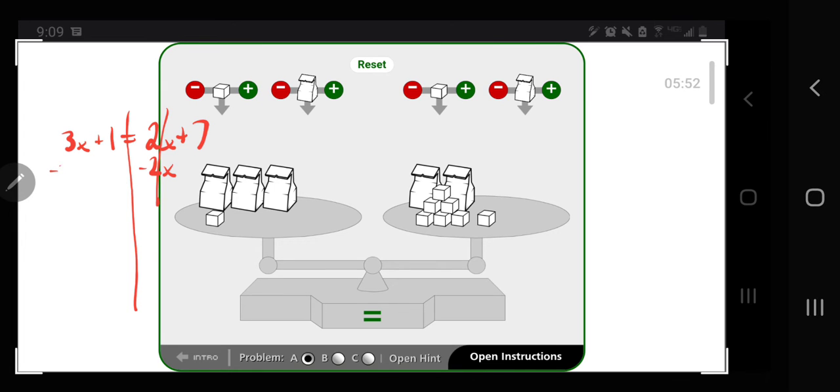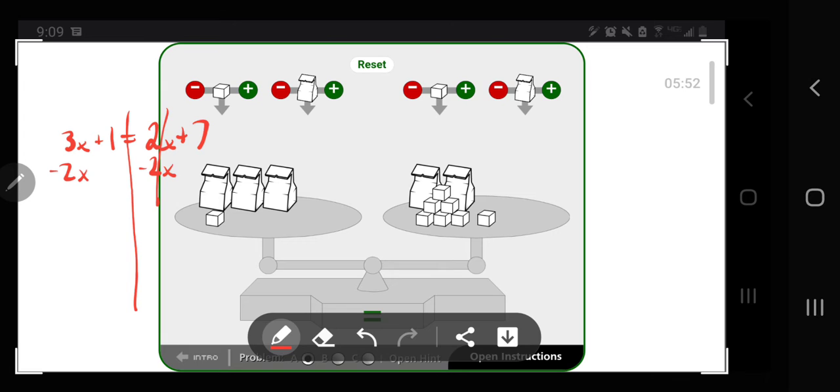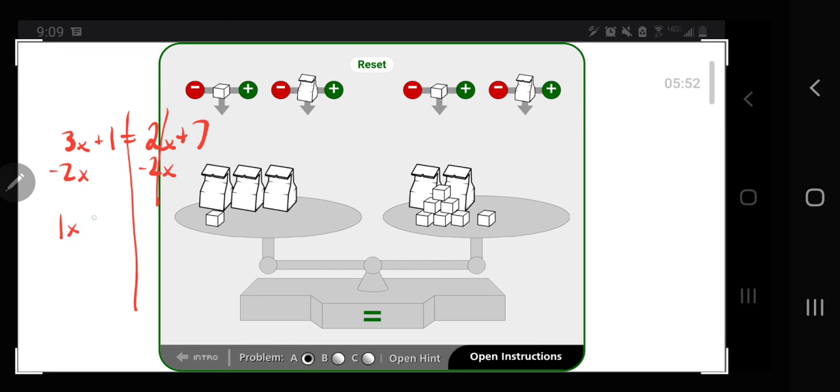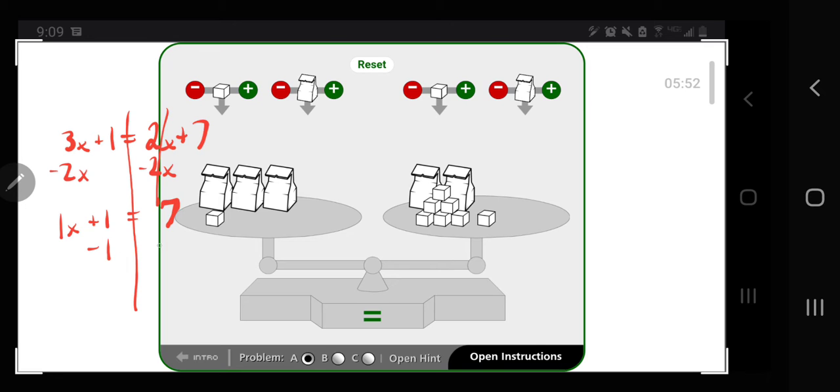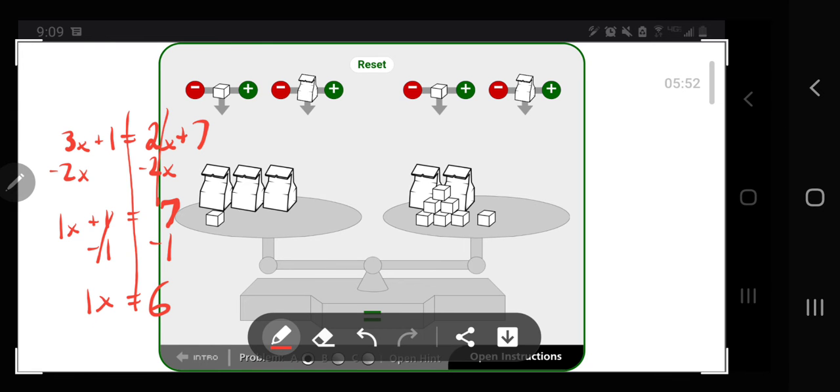We're going to take away 2 unknowns on this side so we can keep it balanced. That leaves us with 1 bag plus 1 block equals the 7 blocks that remained. Now we're going to isolate that bag, get it by itself, so we take away the 1 block, but we take away it over here to keep it balanced. 1x equals 6. One bag has 6 blocks in it.